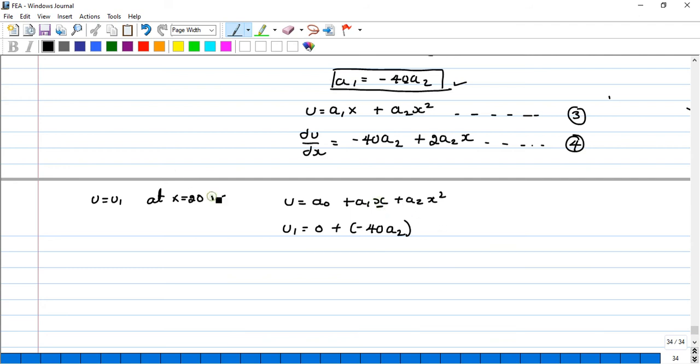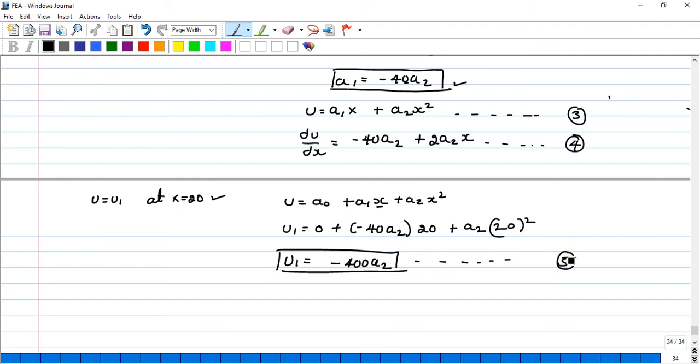X is 20 at the center, multiplied by 20, plus a2, which we don't know, times 20 square. So I can rewrite this entire function as u1 is equal to minus 400 a2. Okay, so this is u1. I will consider this as equation 5.